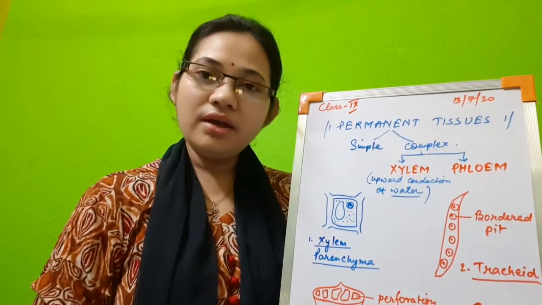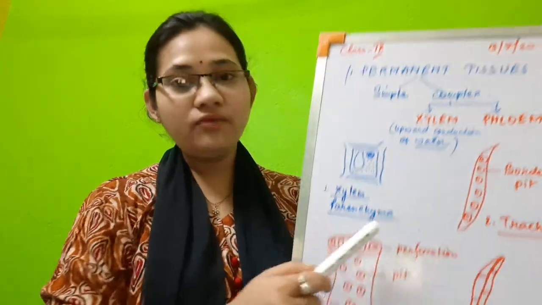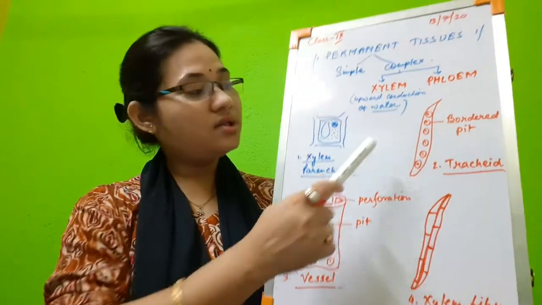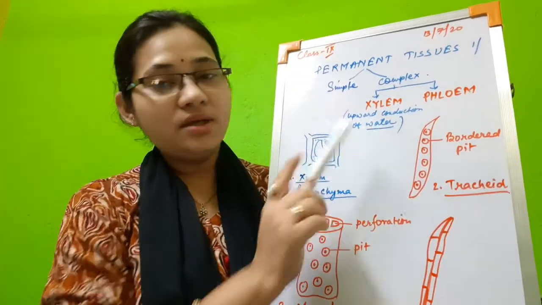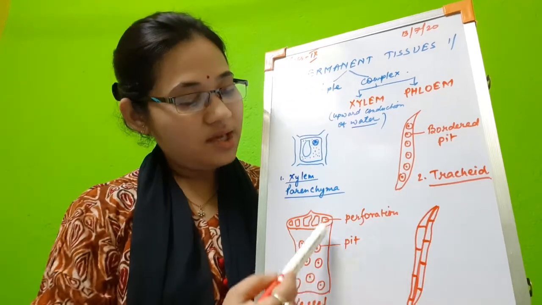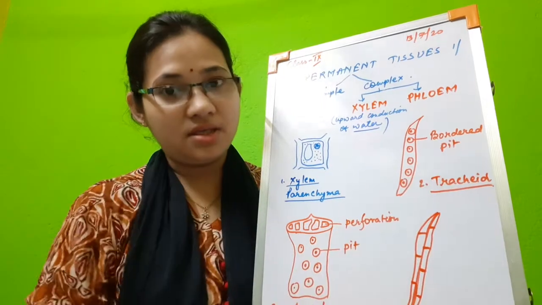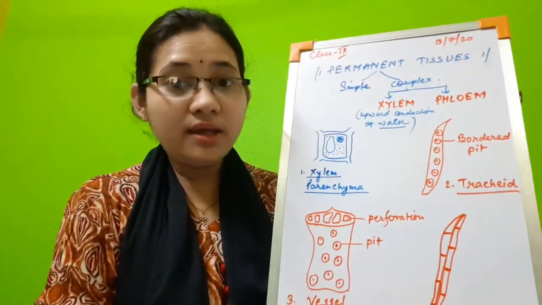Now the question can come in your mind, if xylem parenchyma is living and the rest of the three elements of xylem are non-living, then how does xylem help in conduction of water? Xylem helps in conduction of water through its dead tissues by the help of openings which are called pits. These pits are lignified.